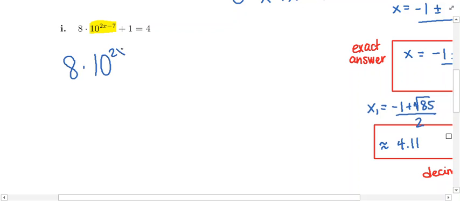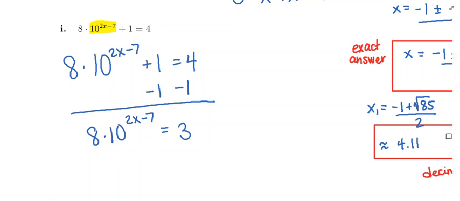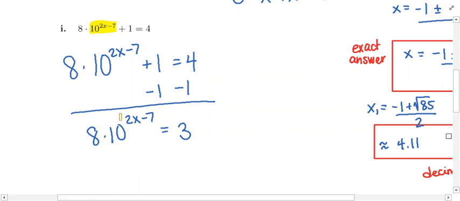We're trying to isolate the exponential piece. I am going to start by moving the 1 over. So that's going to tell us 8 times 10 to the 2x minus 7 power is equal to 3. And again, this 8 is not being raised to the 2x minus 7 power, only the 10.